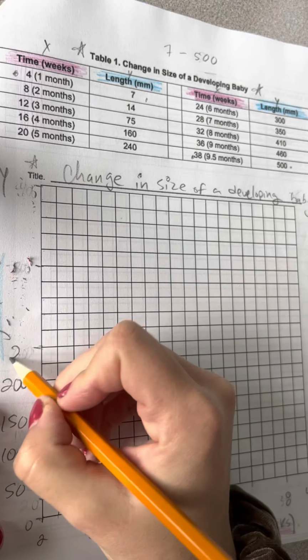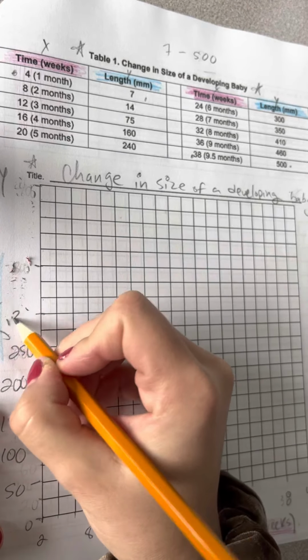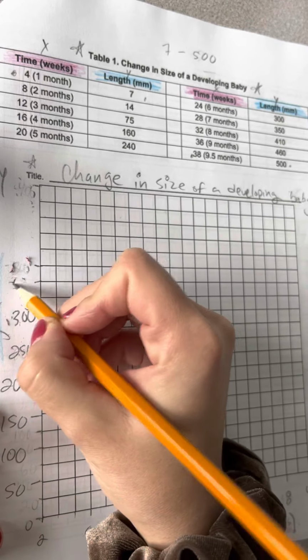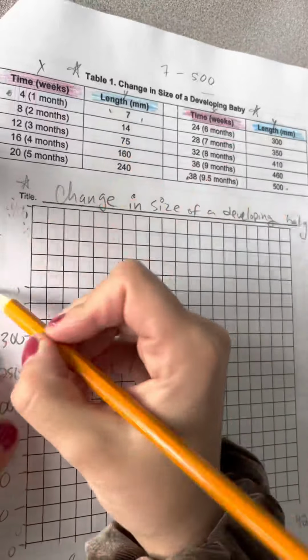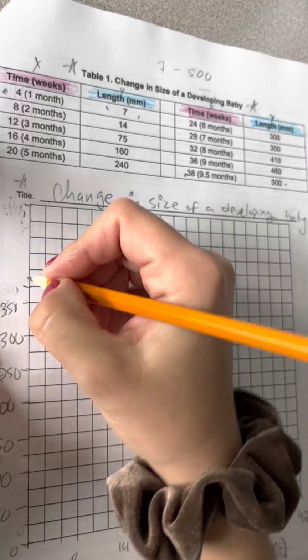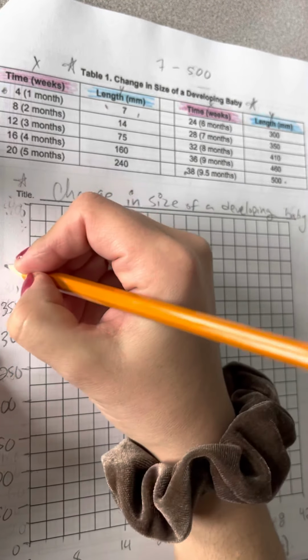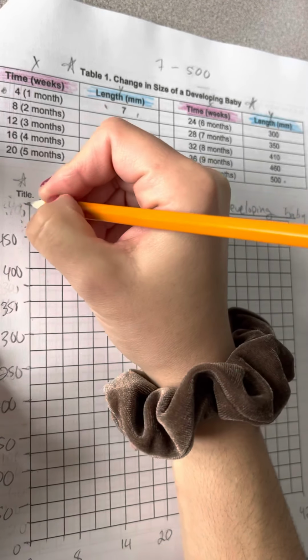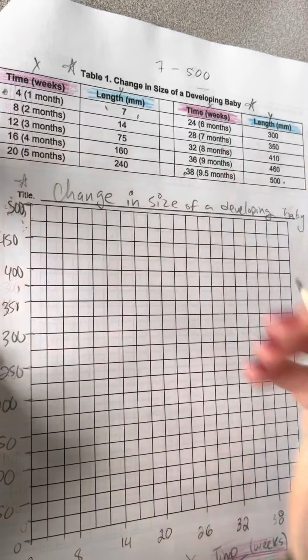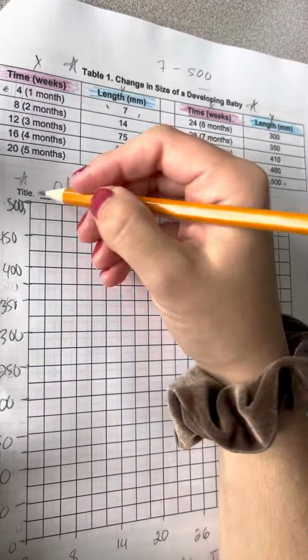Okay, 250, 300, 350. And I'm using a pencil so I can erase. Ooh, and I make it just in time, right? So from 0 down to 500.